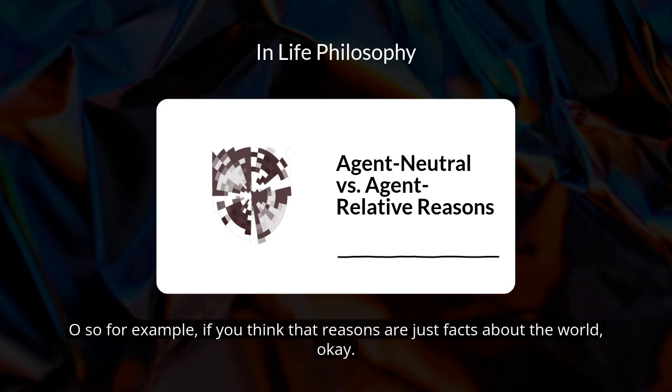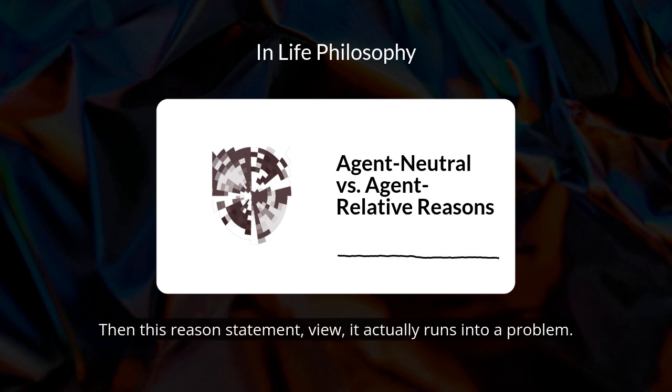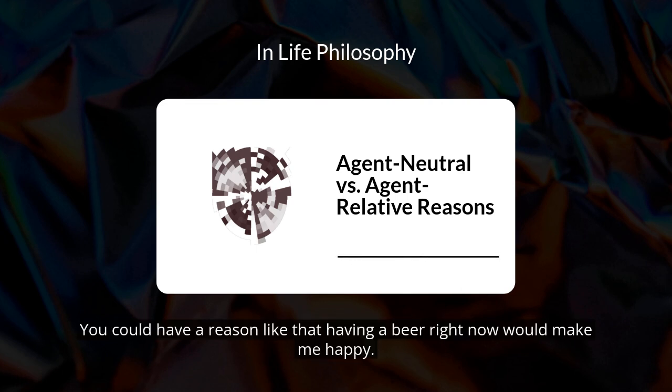So, for example, if you think that reasons are just facts about the world and that there are no fundamentally indexical facts, which are facts that inherently involve terms like this or here or me, then this reason statement view runs into a problem. Think about it this way. You could have a reason like that having a beer right now would make me happy.